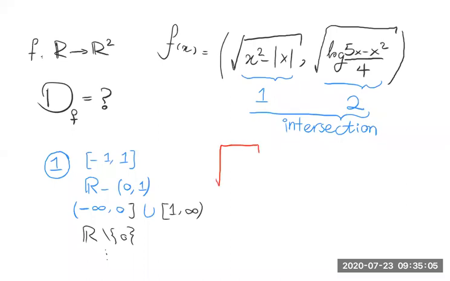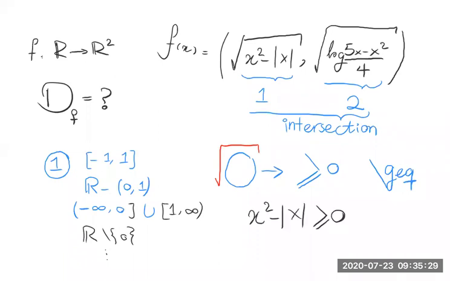What is inside the radical here should be non-negative, either positive or 0, so greater or equal than 0. So x squared minus absolute value of x should be greater or equal than 0.